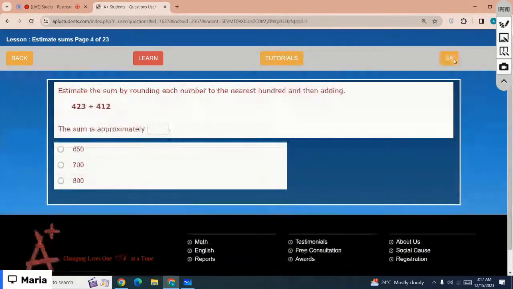Okay, the next one is estimate the sums by rounding each number to the nearest 100 and then adding. So, which is the correct option? 423, 412. Which is the correct option?